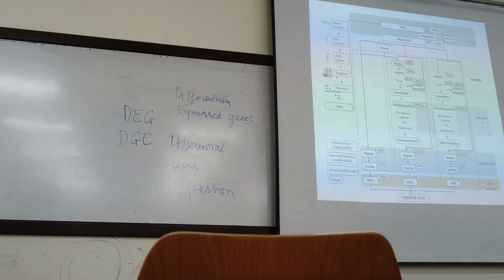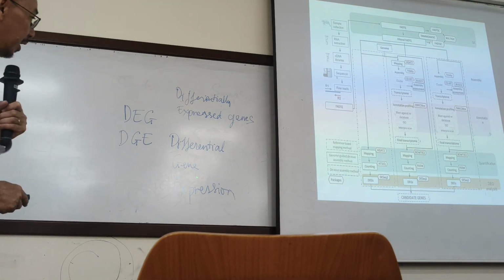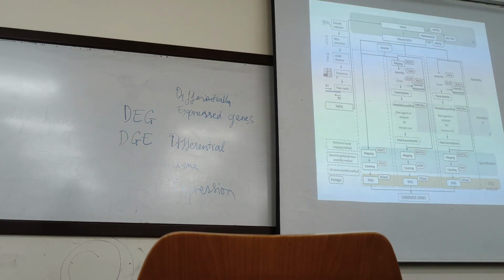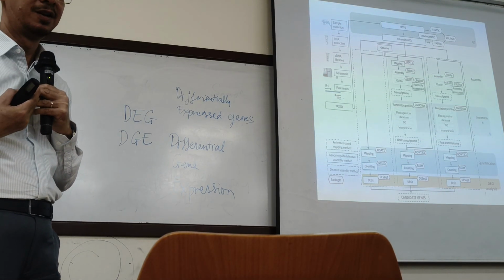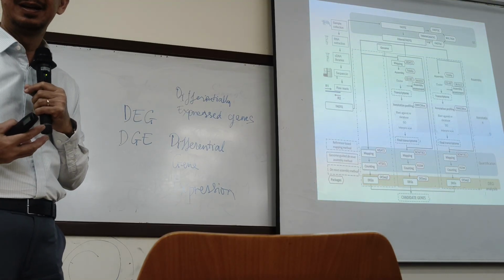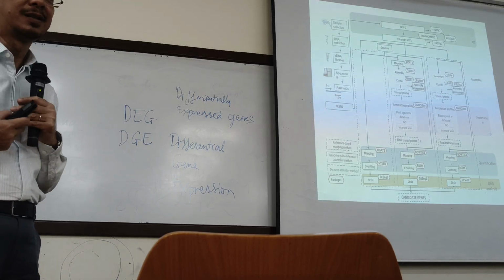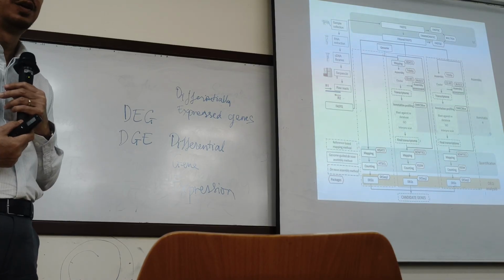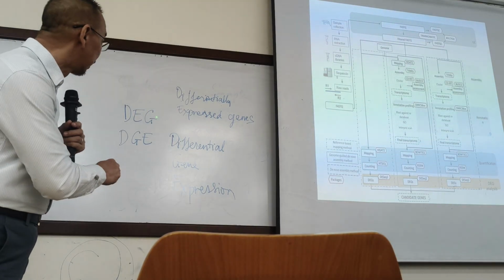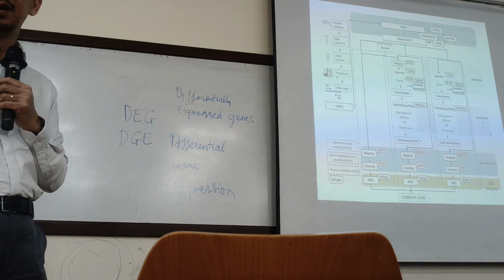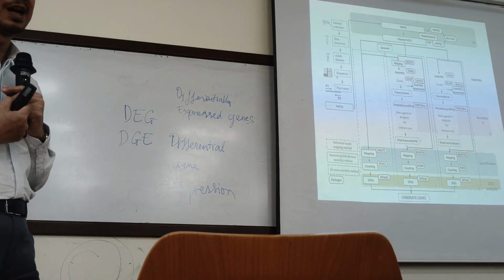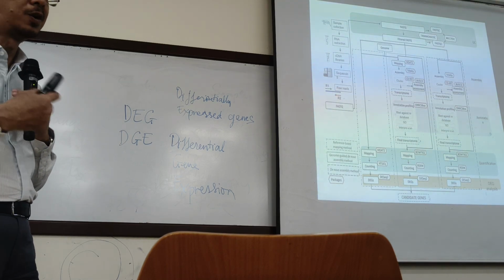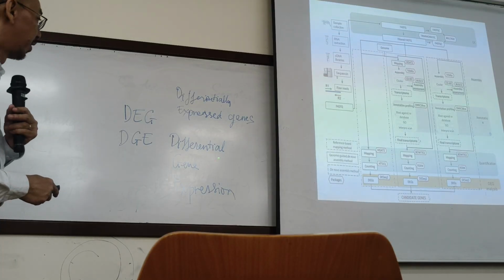So what is the difference between the two terms? DEG is specific genes, identifying which genes are expressed differentially between samples. Differential gene expression means the method, the expression analysis, the name of the method. Similar but different: one indicates genes, the other is the expression analysis, analyzing to know which genes are expressed differentially.